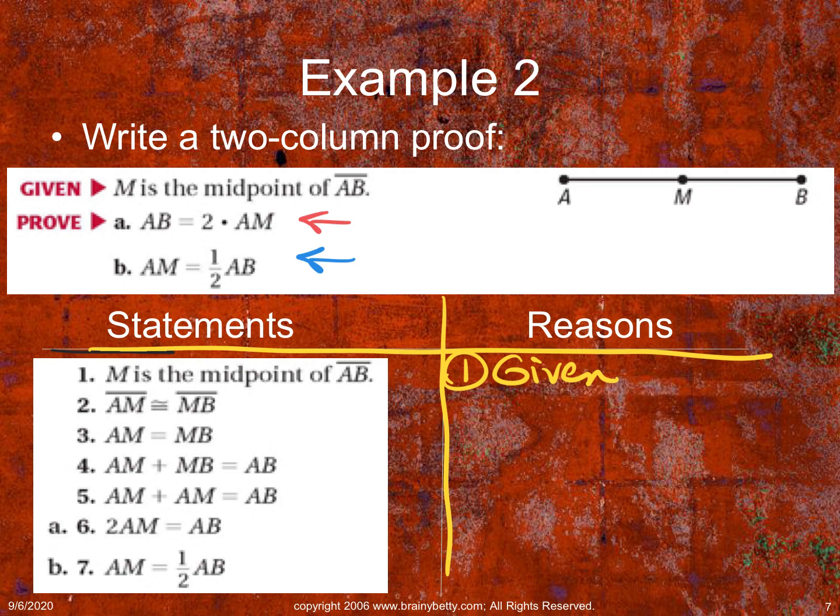Since they told us that M is the midpoint, I know that the midpoint splits my segment into two congruent pieces. So that splits AB into two smaller pieces that are congruent. And notice that's my next statement, that AM is congruent to MB. My reason here is the definition of midpoint. That's what I applied here.